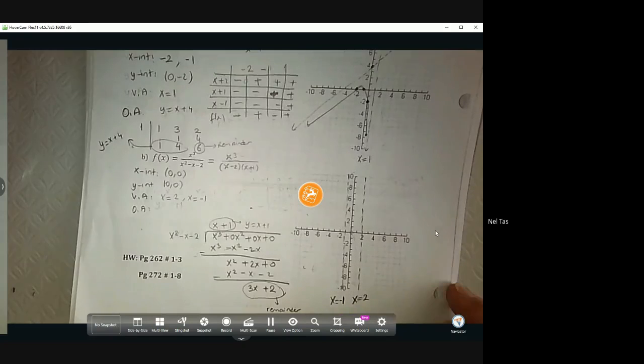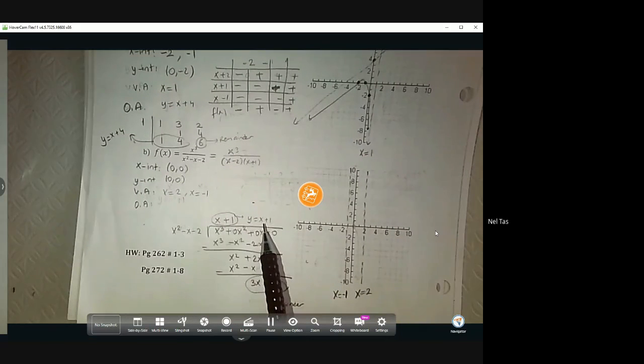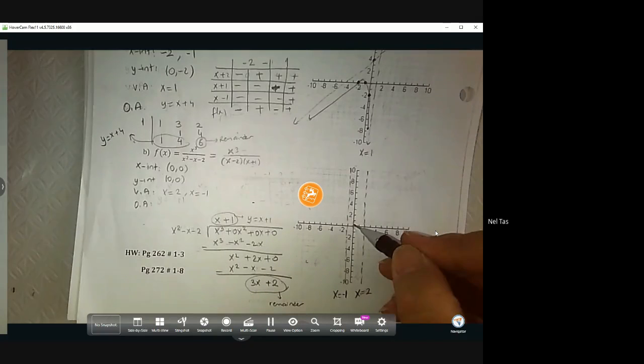Okay. Next, now you need to sketch the oblique asymptote, y equals x plus 1. So the y-intercept is 1, the x-intercept is negative 1, and the slope is 1. So here.